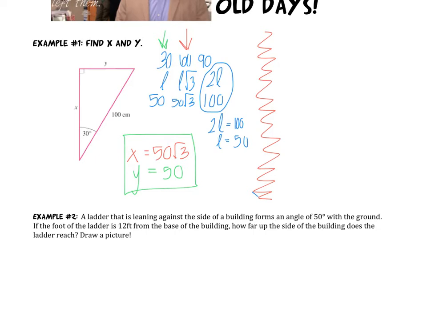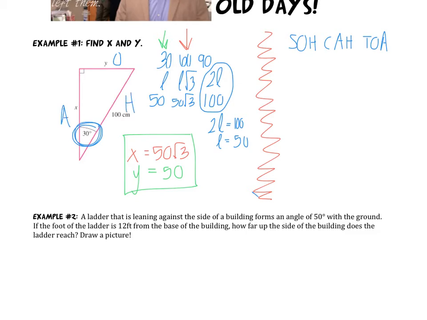But if I do trig, which is SOHCAHTOA, you just have to decide your angle of focus. So I'm going to make 30 degrees my angle of focus. Opposite, adjacent, hypotenuse.